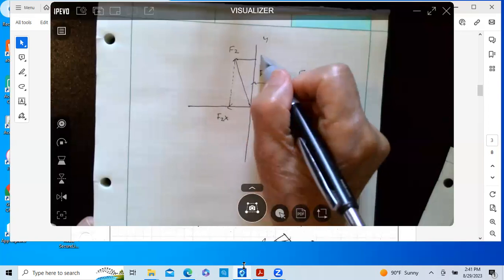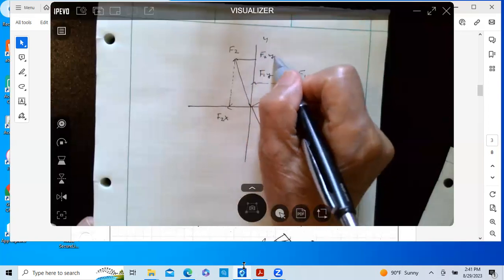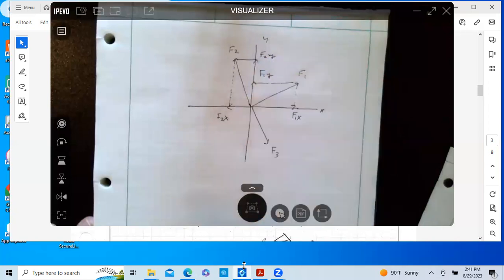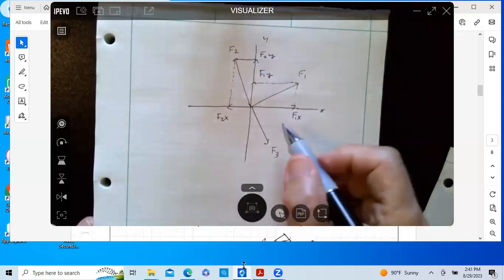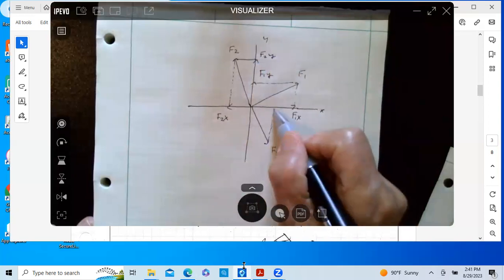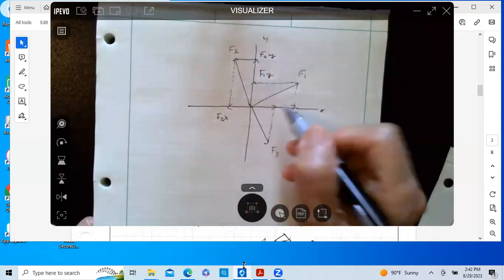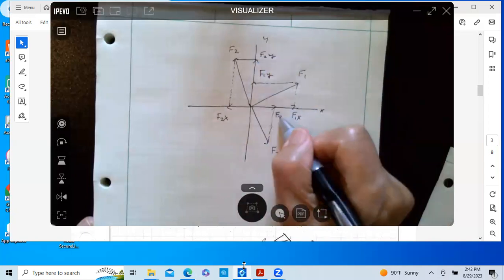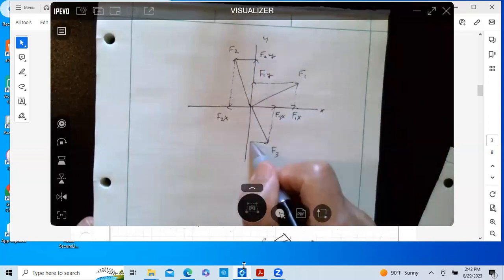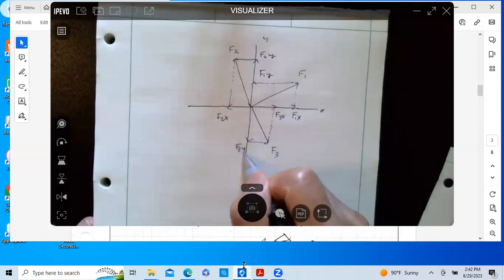This is F2y direction. Okay. F3, projection onto the x-axis is F3x. Projection to the y-axis is F3y.